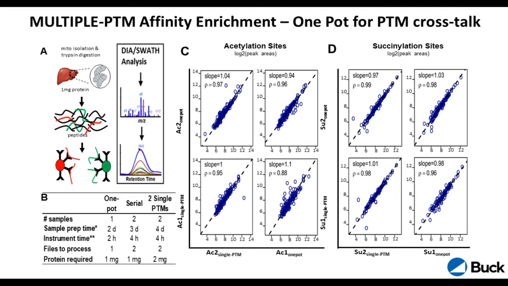And what that means, instead of using just one of these PTMScan antibodies, say first an acetyl antibody and then a succinyl antibody, either from different tissue starting material or from serial enrichment, we would just mix all the antibodies in one tube, in one pot, and do the enrichment from one piece of tissue and enrich at the same time for acetylation and succinylation.